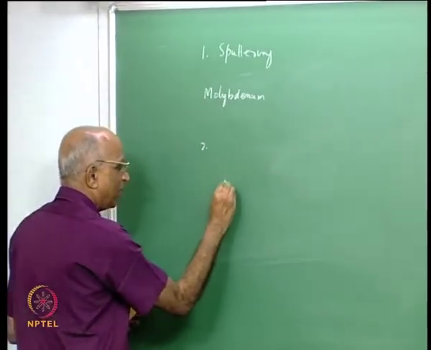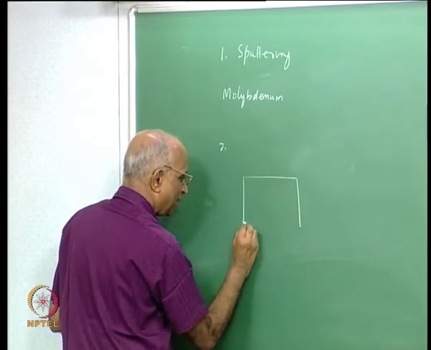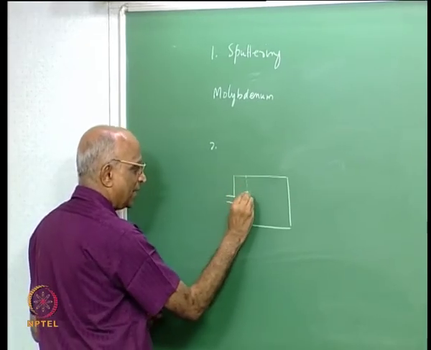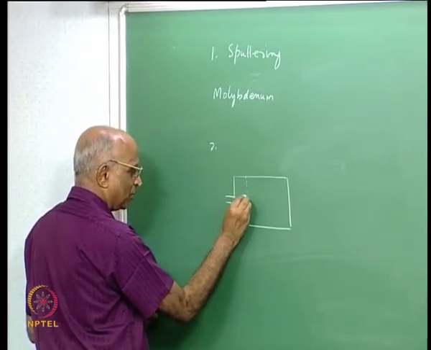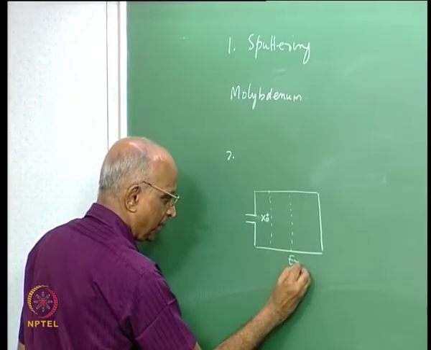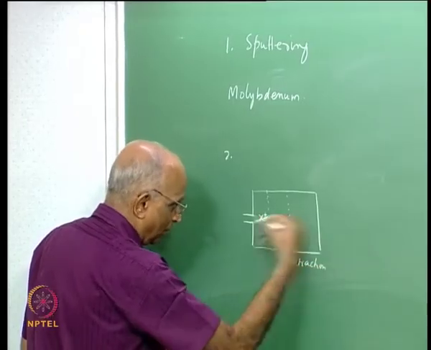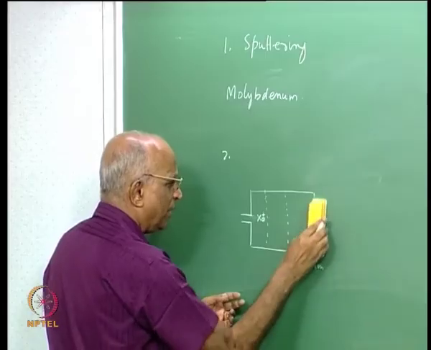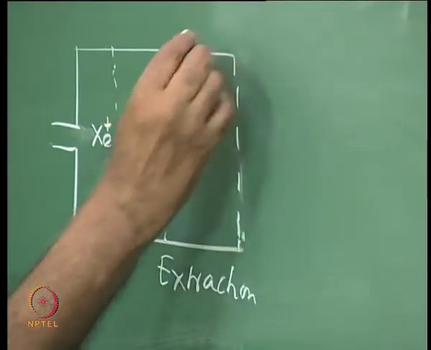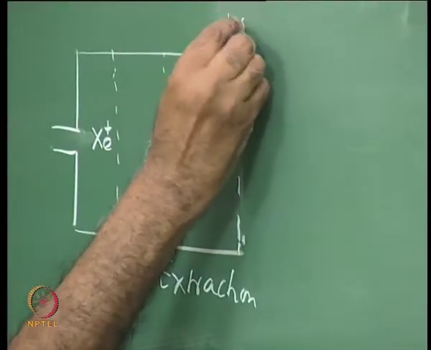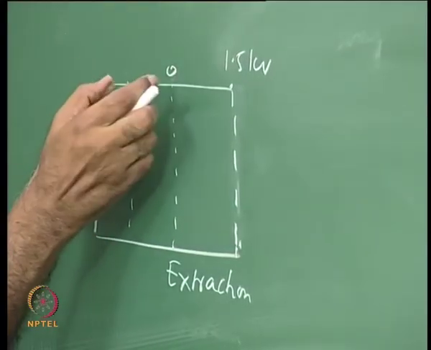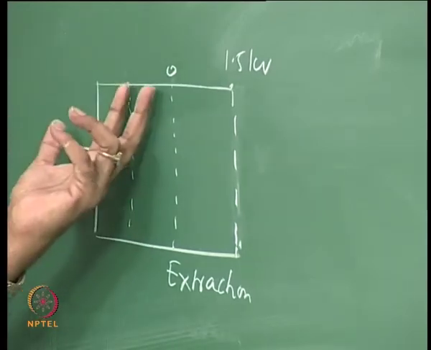Supposing I have this particular container, I now put the thruster like this, I allow the charge to come over here, and now I create the charge over here, xenon positive, I put an extraction grid over here to get that thing out, and at the end of it I put the acceleration grid, and we said maybe the voltage of this could be something like 1.5 kV with respect to 0 here, and this could be negative with respect to this by, let us say, a few hundred volts.